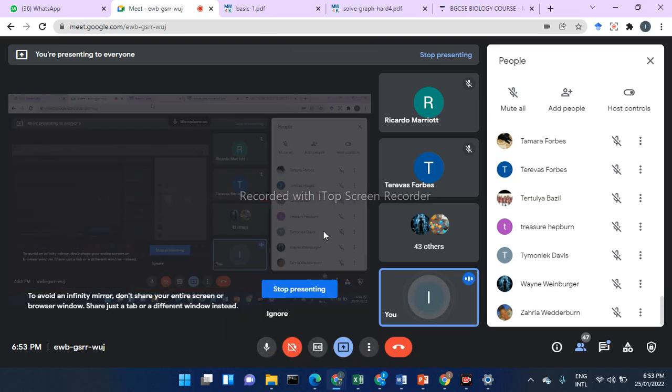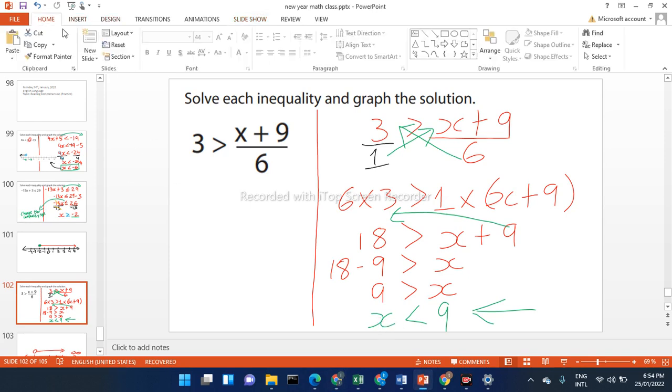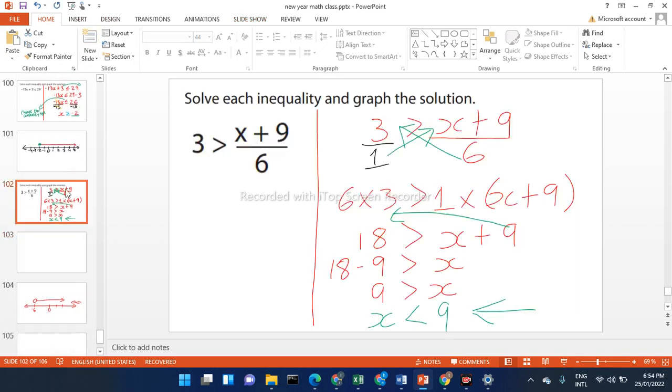All right, so let's just graph it out. So x is less than 9. So if we want to do x is less than 9... Hold on, can you write it down here? Oh, no problem. Do you get mine? Yes, I got yours.